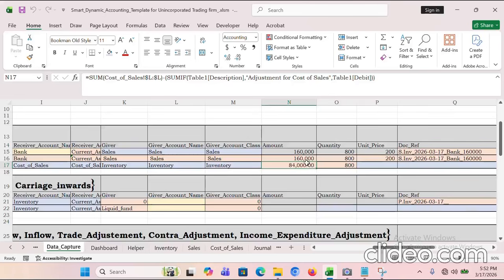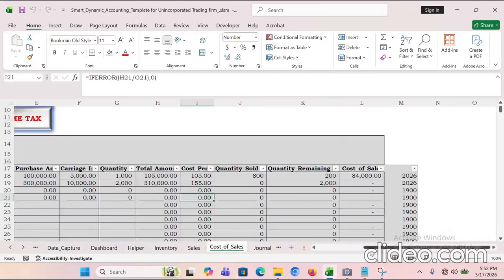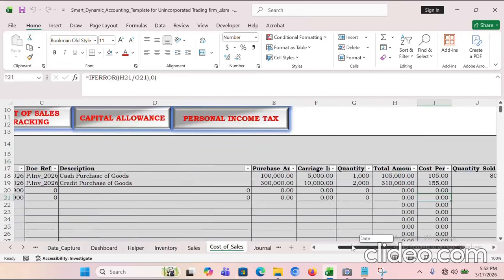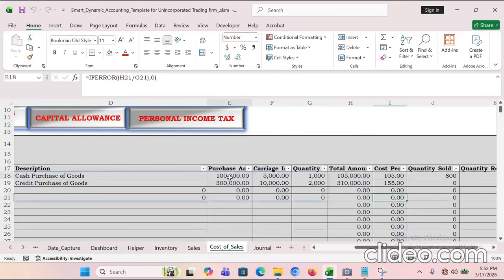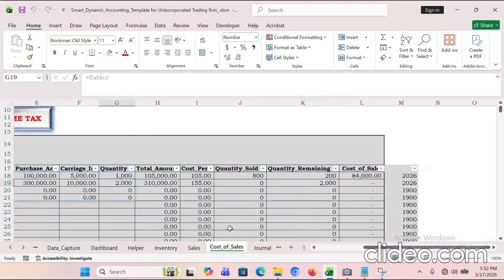To check how we arrive at this 84,000, we go to the cost of sales sheet. So remember, these are our two purchases, the 1,000 and 2,000 units that we purchased. This is the total amount, which is the addition of the purchase amount plus the carriage inwards. Same thing for the second purchase.